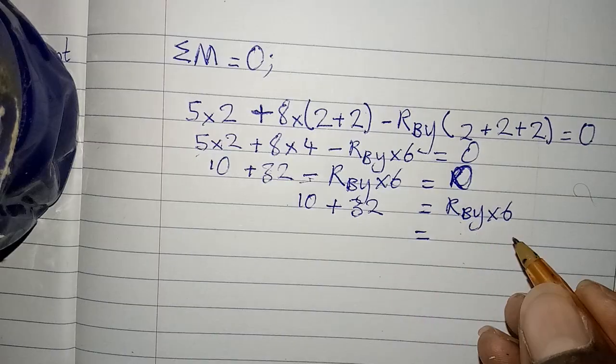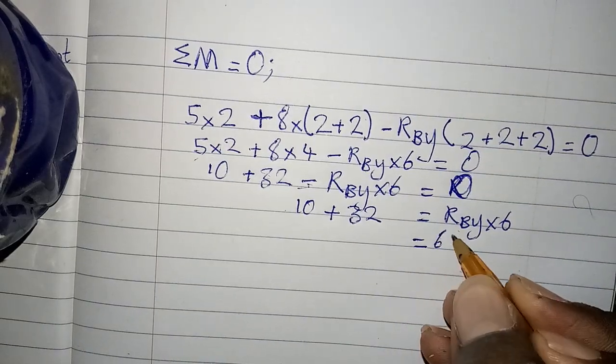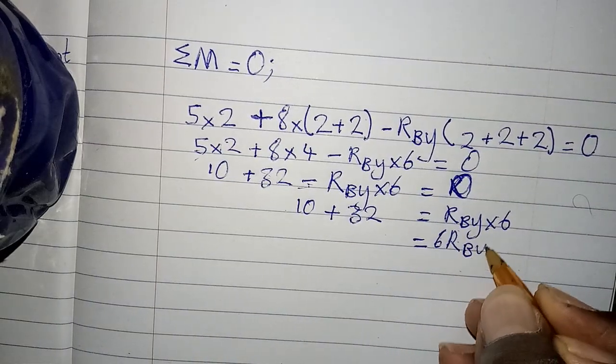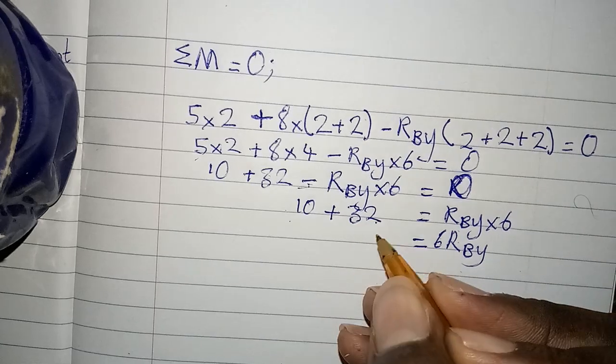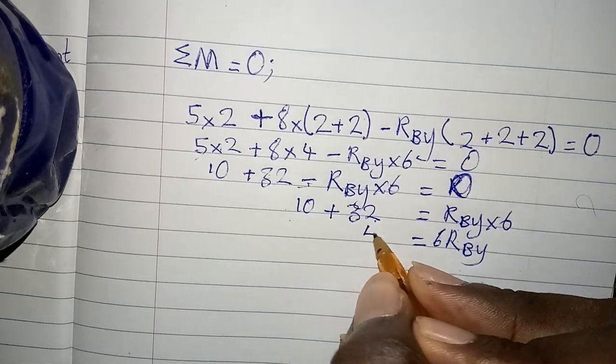So 6 RBY equals 10 plus 32, which is 42.